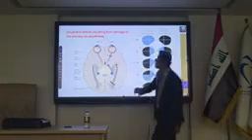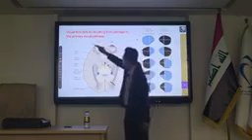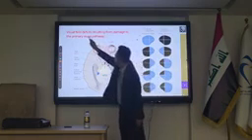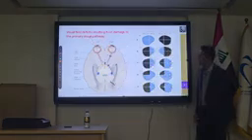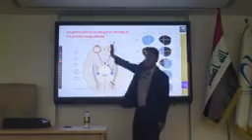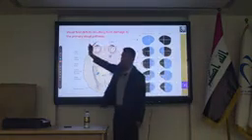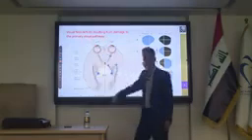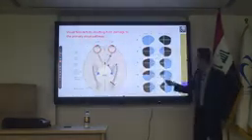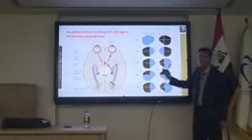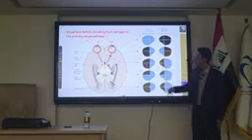The nasal retina of the opposite side sees this part of the image. Right? So, the medial part of the right visual field and the lateral part of the left visual field will be blind.